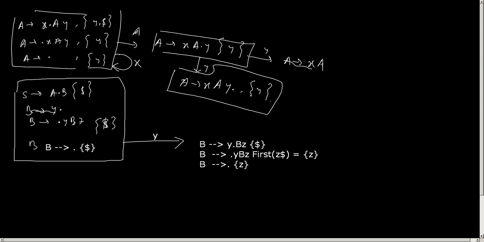For example, suppose I reach XAY., and my look ahead symbol is Y. In the parse table, wherever my column is Y and my state is, suppose, S5, I will use this production to reduce only for terminal symbol Y. So this is the basic idea. Now you can construct your LR1 parse table, I hope. Okay, thanks.